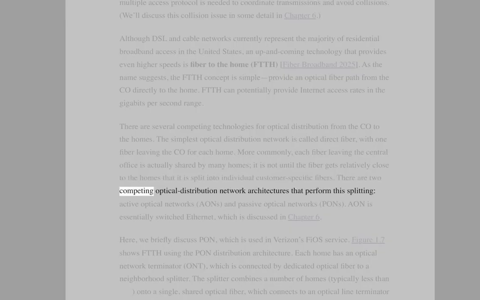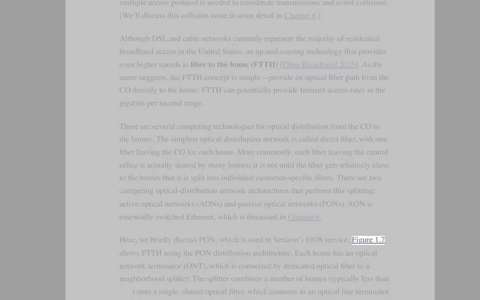There are two competing optical distribution network architectures that perform this splitting: active optical networks, AONs, and passive optical networks, PONs. AON is essentially switched Ethernet, which is discussed in Chapter 6. Here, we briefly discuss PON, which is used in Verizon's FiOS service.